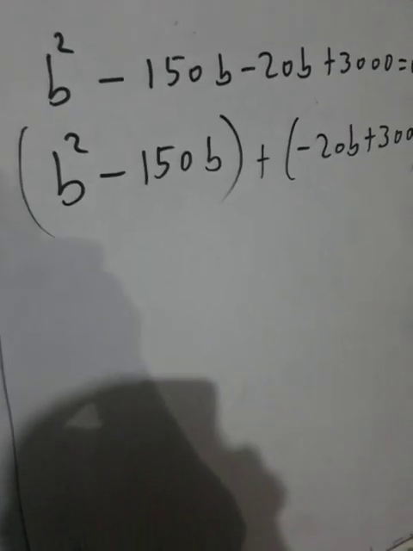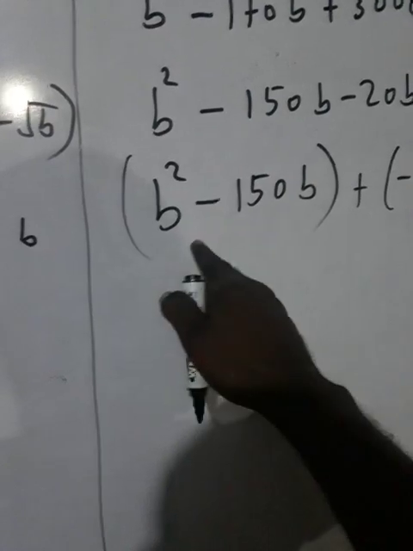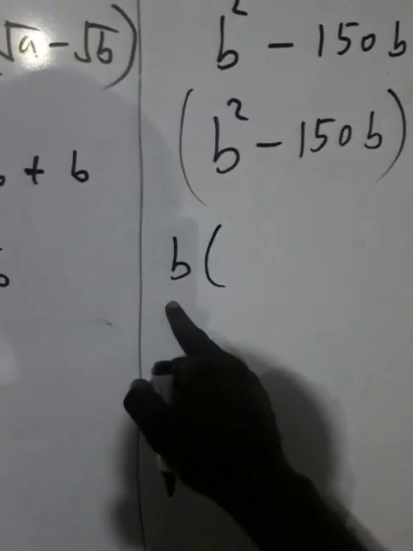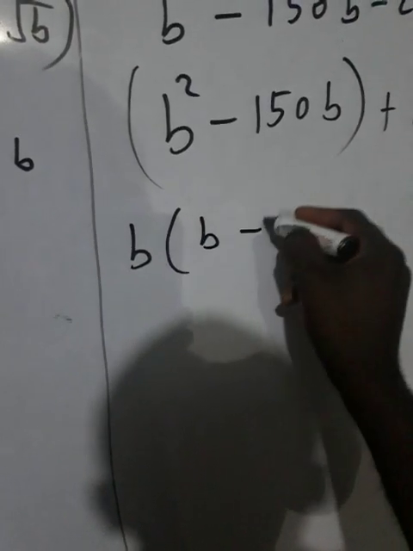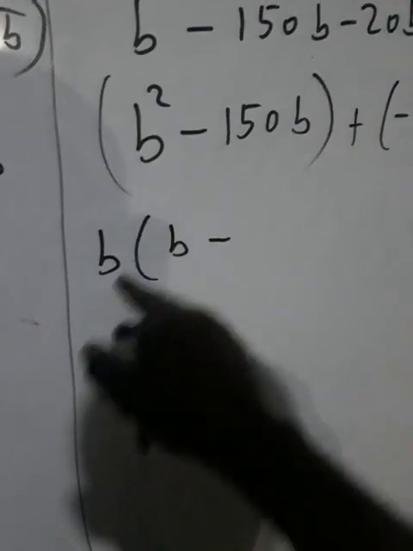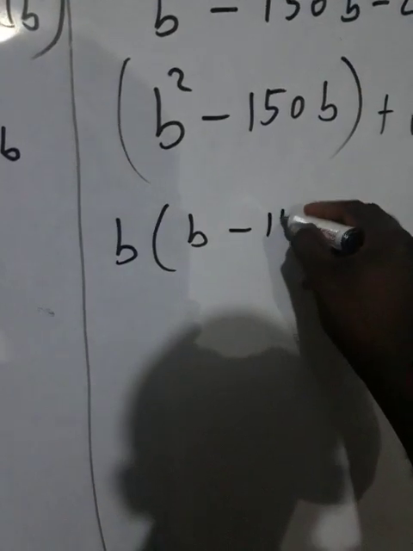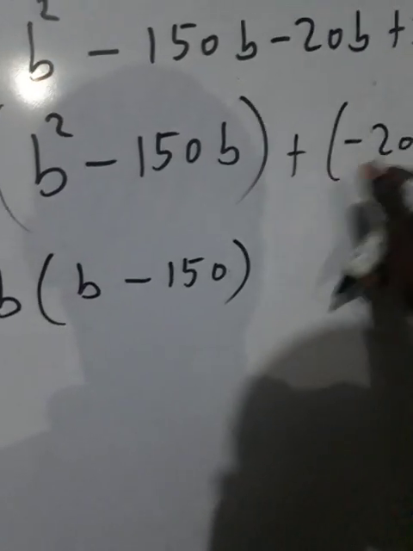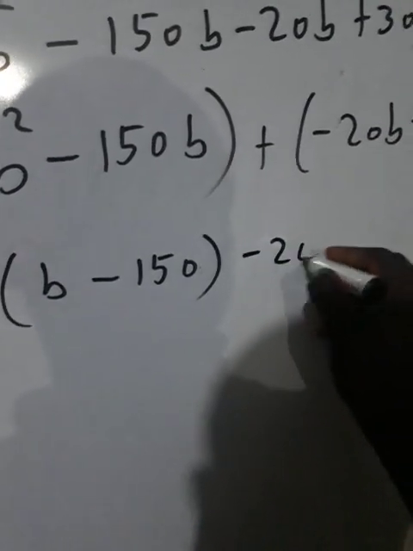What we have that is common here is b. Factor it out. b squared divided by b will give me b, minus 150b divided by b will give me 150. Factor out minus 20 here.